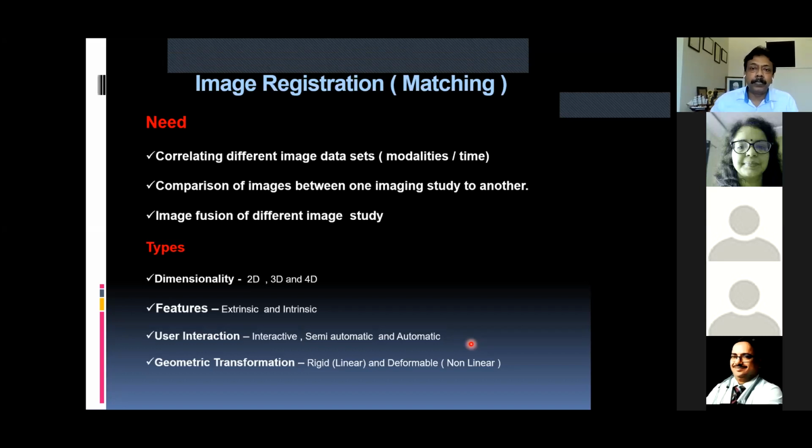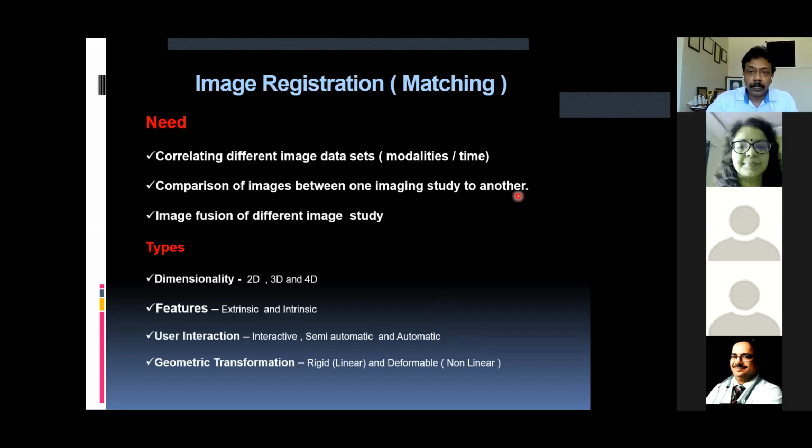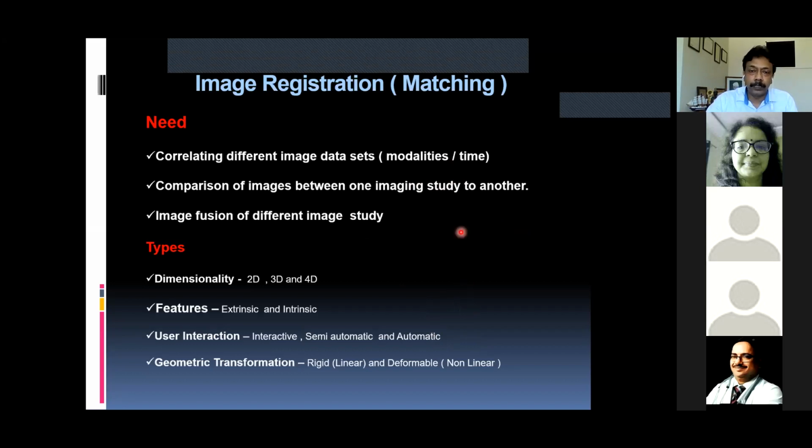The need of image matching is that we can correlate different image set modalities or times, we can compare the images from one imaging study to another, and we can fuse the images of different studies, so that PET and MRI or CT scan can be fused. We can create a blended image.